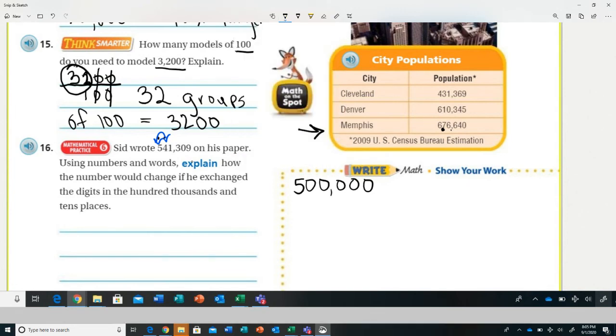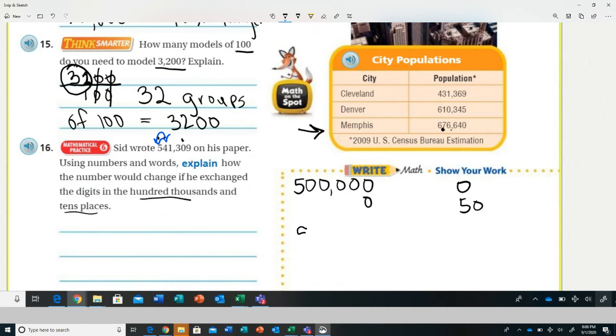I did 10,000s, 100,000s, and the 10s. Okay, the 10s place is 0. Well, that's going to make this a little easier. So if I put 0 in the 100,000s place, it's 0. If I put a 5 in the 10s place, it would be 50.